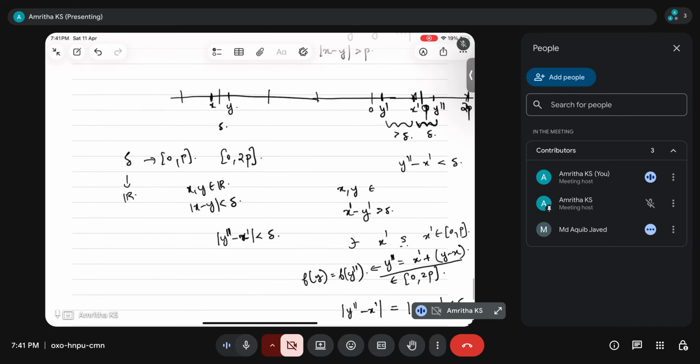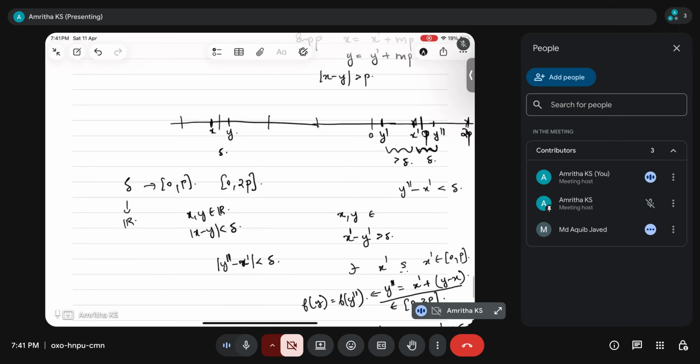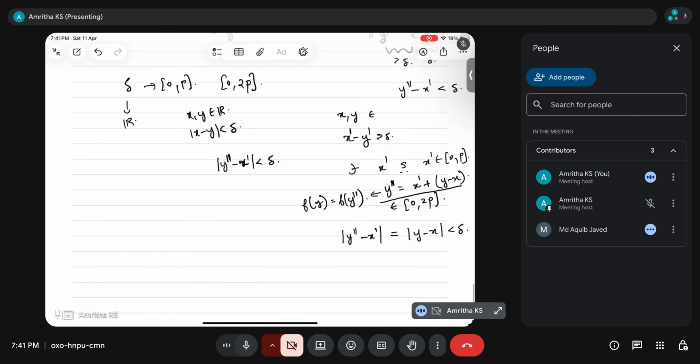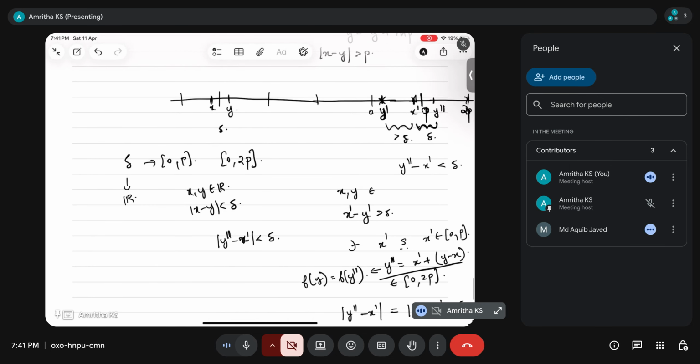No, see, I am just adding the distance. That is all. Either way you can go. When I tried telling you using the y dash thing, you told me it was not making sense to you. That is why I wrote it like this. Either way you can do it. So you are telling that f of y equals f of y double dash.